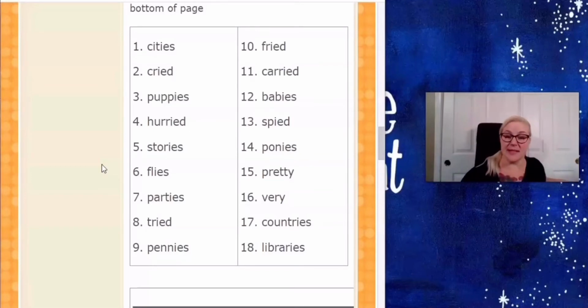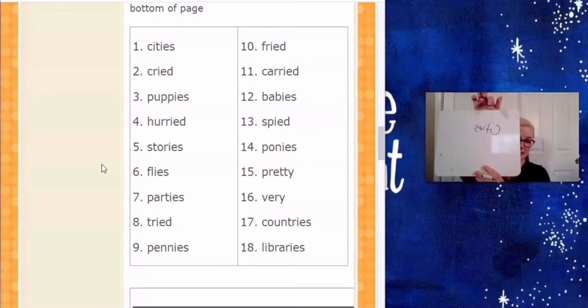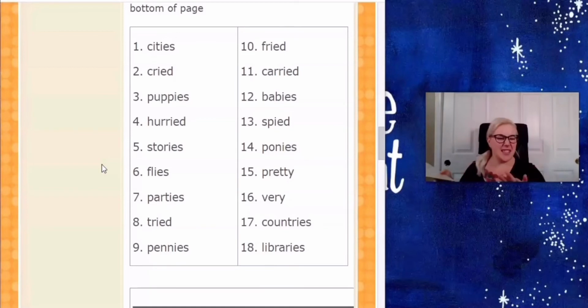So what I notice is each word is plural or past tense. If I have more than one city, we have cities, right? Cities. But if it's singular, we're just one city, C-I-T-Y.